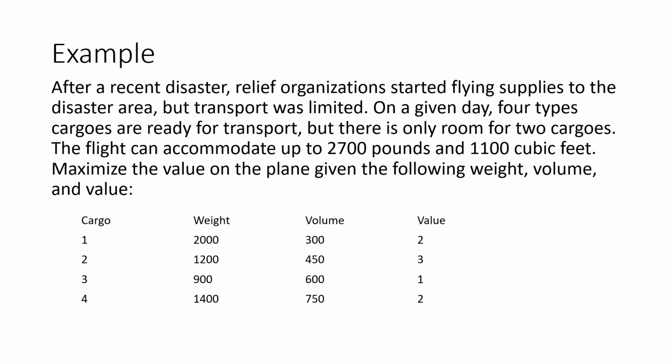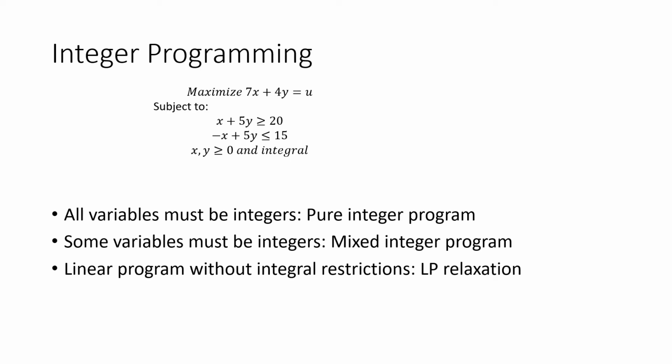So you can write this out as a linear program, and you put the extra condition that xi is integer or is integral. That turns into an integer program. So for example, here is an integer program written out where we say that the variables are integral.